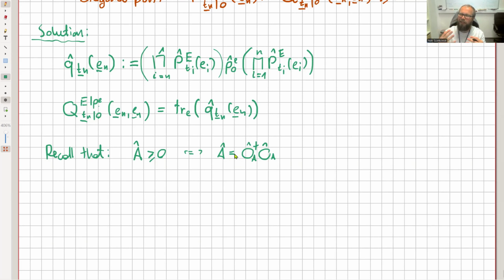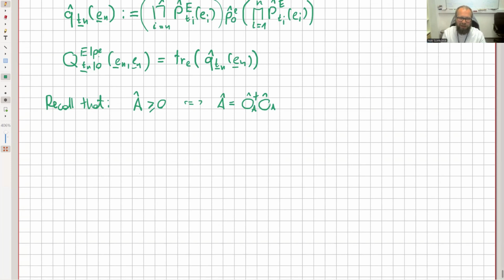Positive semi-definite means that all eigenvalues of the operator are non-negative numbers, and a Hermitian operator is one where all eigenvalues are real numbers. Non-negative numbers are also real. So if you have some operator A and you can decompose it into this kind of product, you immediately know that it's positive semi-definite.